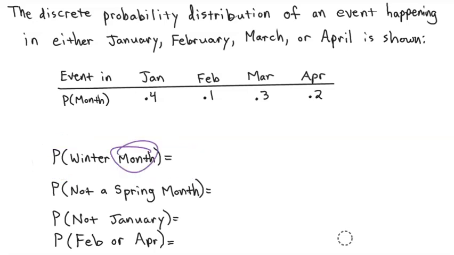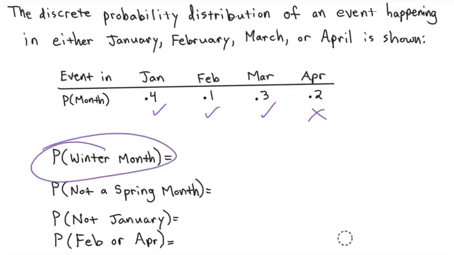And this is going to ask the question, what is the probability that it's going to happen in a month that includes winter? Well, January includes winter, so we're going to include that. February includes winter, so we're going to include that. March does include winter. In fact, March is mostly winter. March is 2/3 winter, and so we're going to include that. But April does not include winter at all, so we are not going to include April.